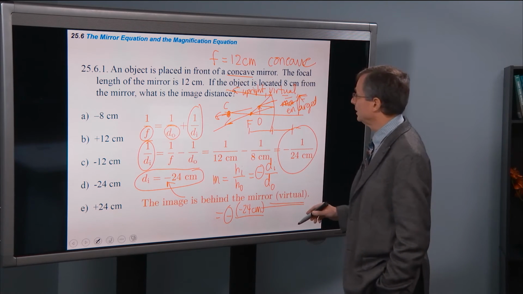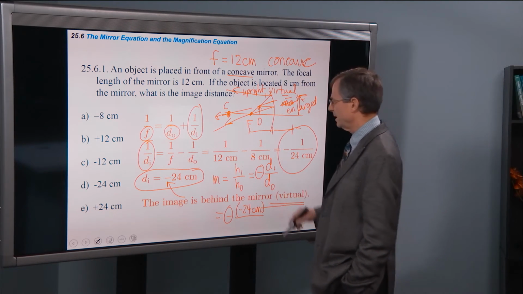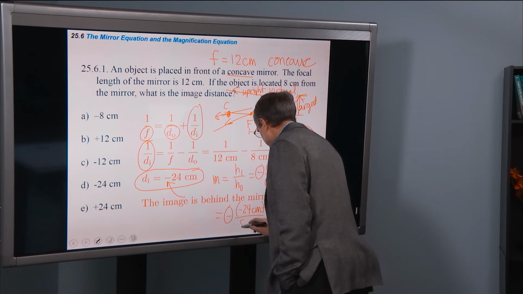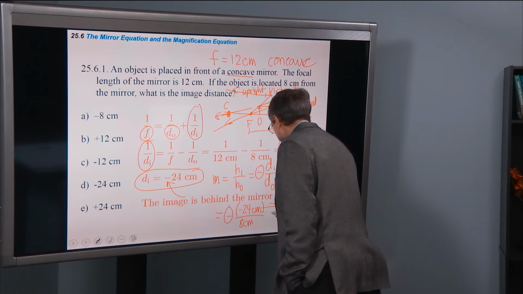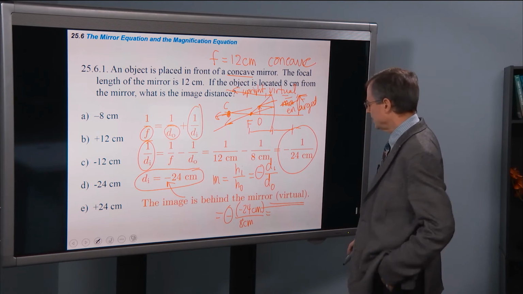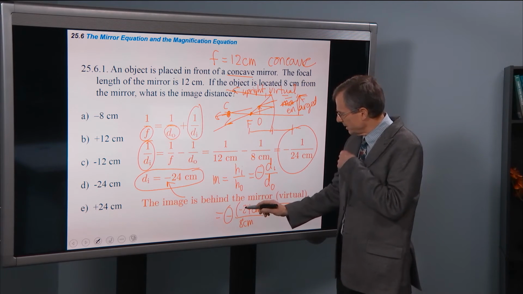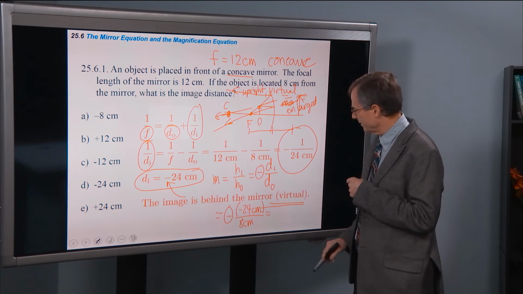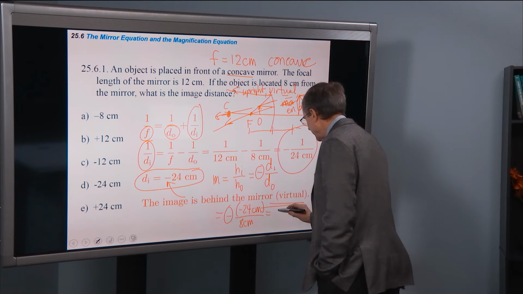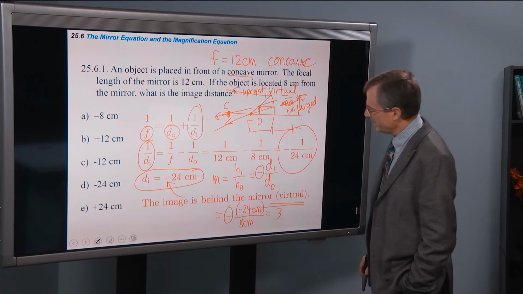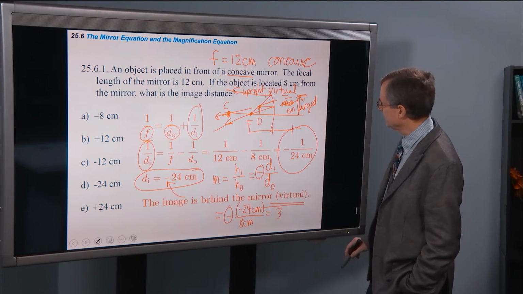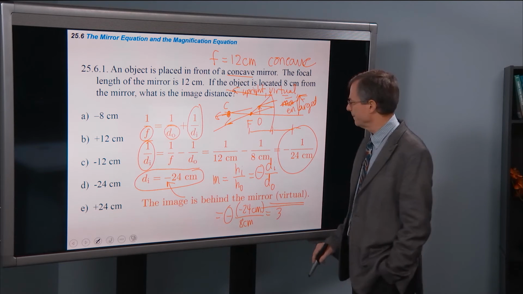What's dO? Well, dO is this 8 centimeters. Well, this minus sign kills this minus sign, and 24 divided by 8 is our old friend 3. So the magnification on this is 3 times magnification.